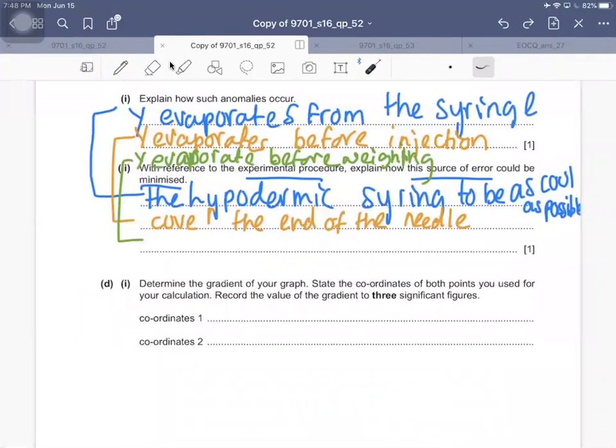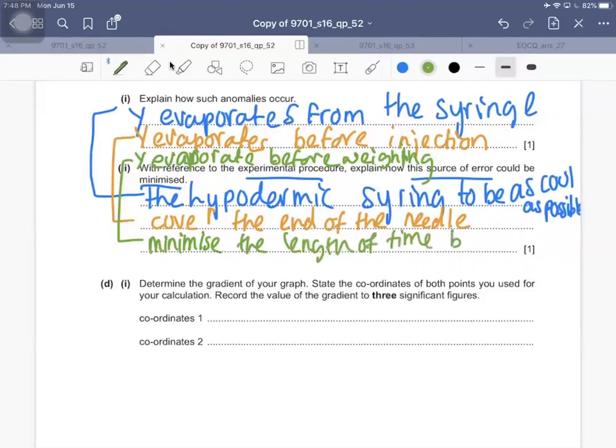It sounds a bit funny, but you could minimize the length of time between each weighing. That means you do not take a walk in the park and waste your time, taking your sweet time weighing the hypodermic syringe.